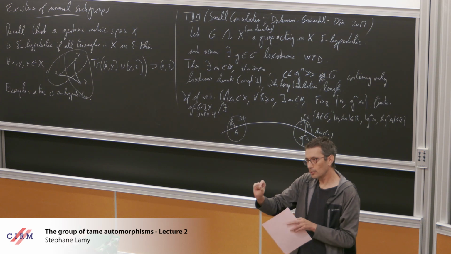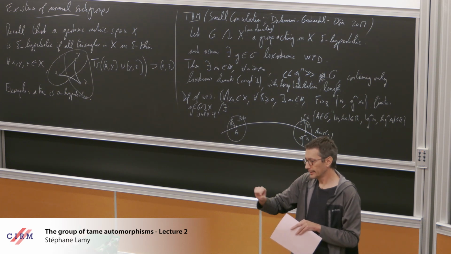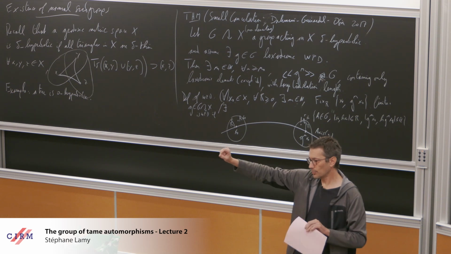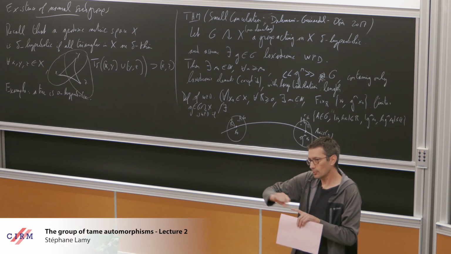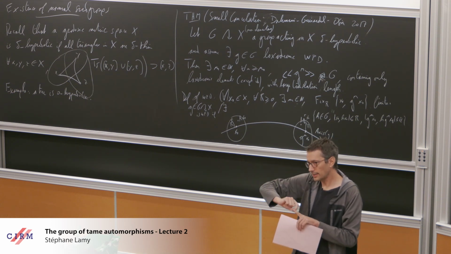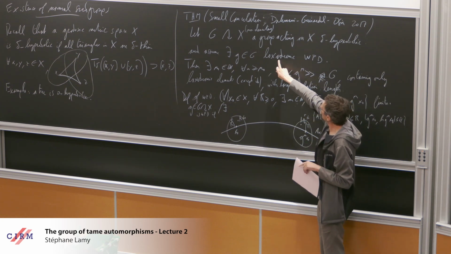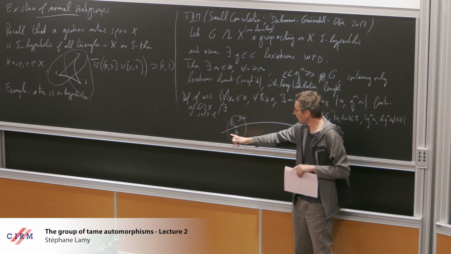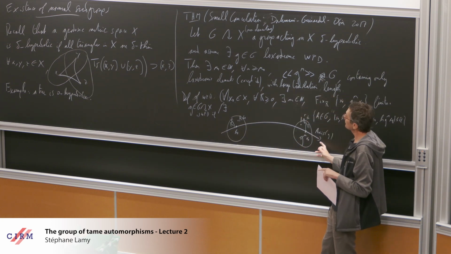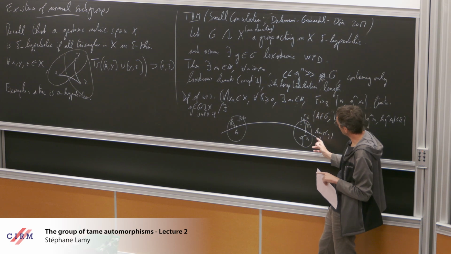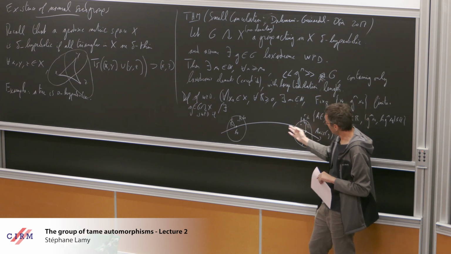Elliptic: you have a fixed point or a bounded orbit. Then you could have a fixed point at infinity, or you have two fixed points at infinity, one attracting, the other one repelling. And then you have a kind of axis between these two. So my map is loxodromic. So I have two fixed points at infinity, and I have an axis. For the tree, it's really going to be an axis. In full generality, maybe it's a quasi-axis. So you have such a picture.